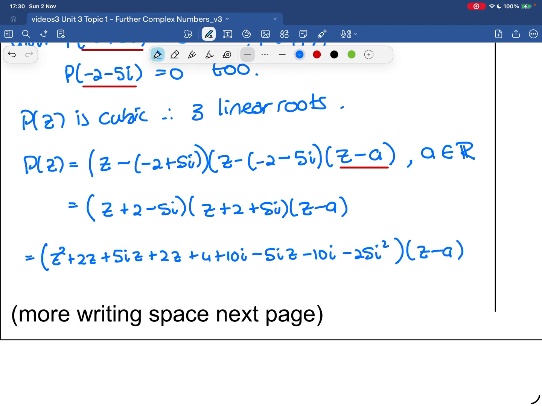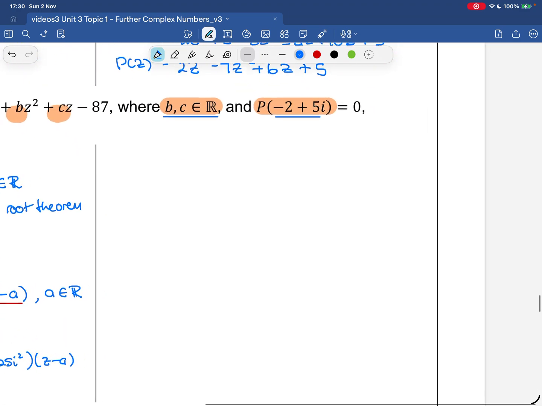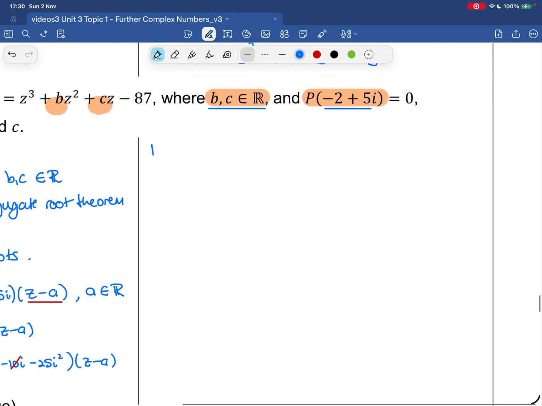That can be simplified nicely because the 5iz and minus 5iz, and the plus 10i and minus 10i, will cancel, and that i squared will become a negative 1, and I end up with P of z is equal to z squared plus 4z plus 29 times my z minus a.